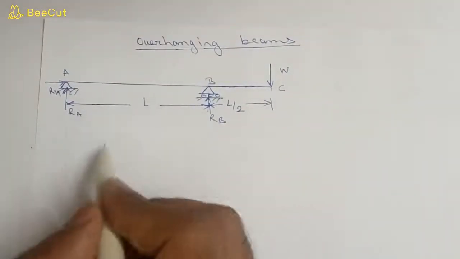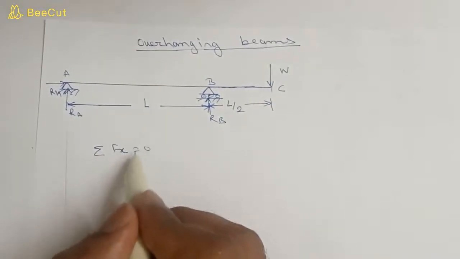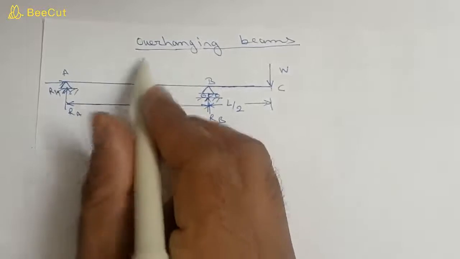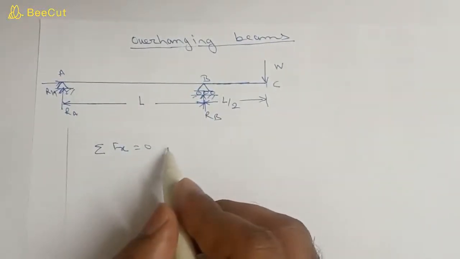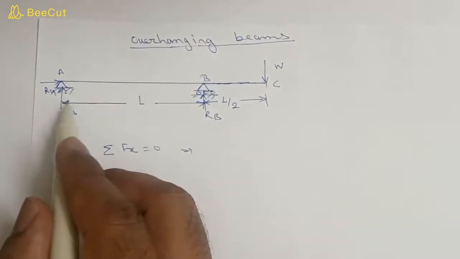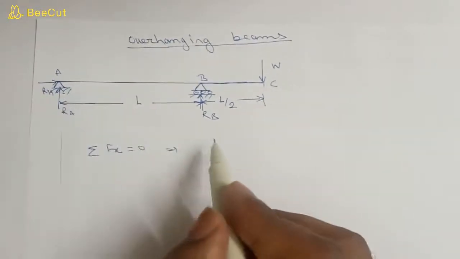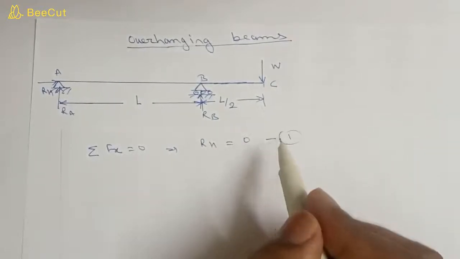In this case the sum of all horizontal forces should be 0. Suppose this is the x direction and this is the y direction. So all forces in x direction, if we add them, should give 0. There is only one force in x direction, this is Rh. So Rh should be 0. This is equation number 1.